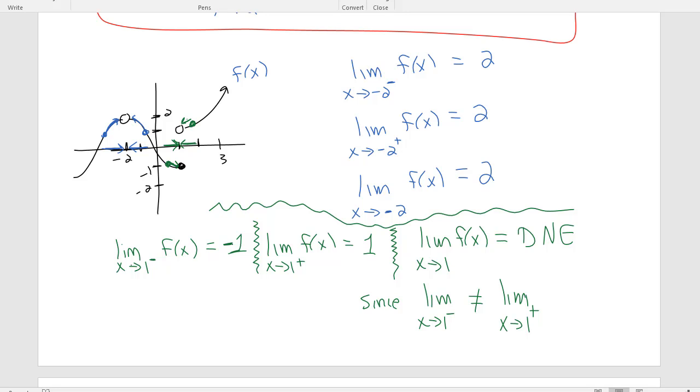So here's a visual representation of that definition. I wanted to draw a graph where we had both scenarios. We had a limit from the left and a limit from the right being the same value, therefore the two-sided limit exists there. And then we have a limit from the left and a limit from the right having two different values, and therefore the two-sided limit does not exist.